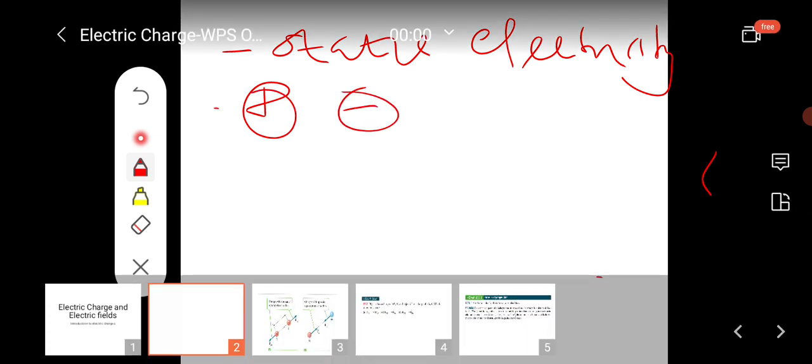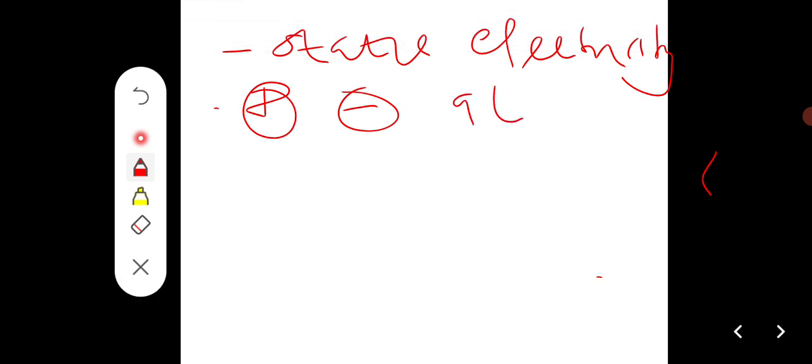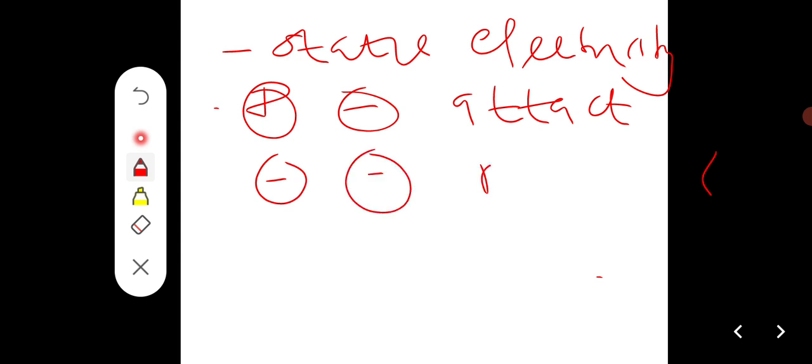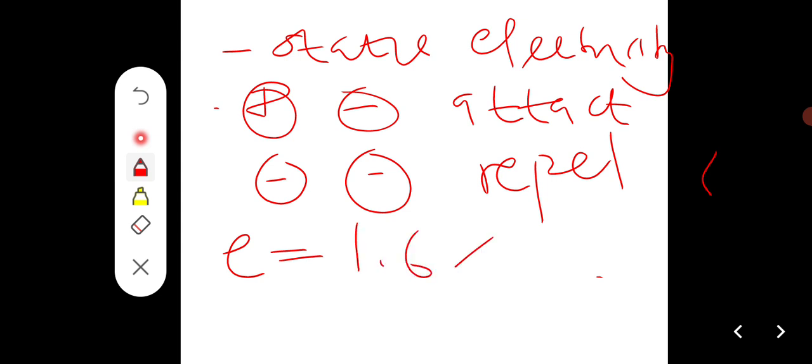A positive and a negative charge will attract. A negative charge and a negative charge will repel. Then we have an electric charge of 1.6 times 10 to the power negative 19 coulombs. Then we also discussed conductors.